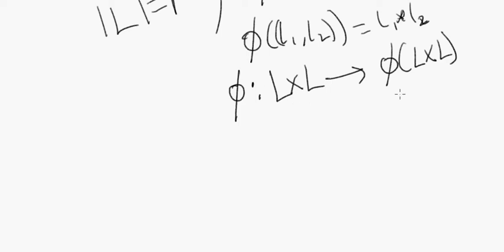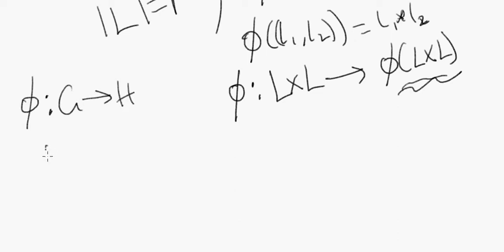Can't we say that phi of L cross L is also a group, right? Please do check that if phi is any homomorphism from some group, let's say G to H, then phi of G is also a group, right?